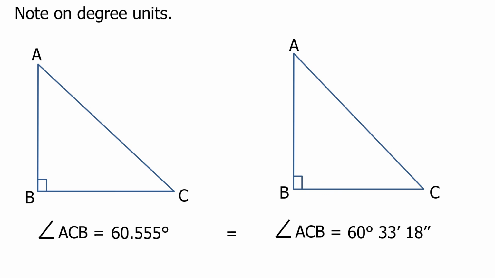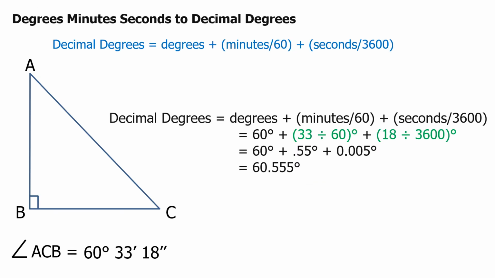Just a quick note on degree units. Degrees can be specified as a decimal or in degrees, minutes and seconds. It's recommended that you convert any degrees, minutes and seconds angles into decimal degrees.